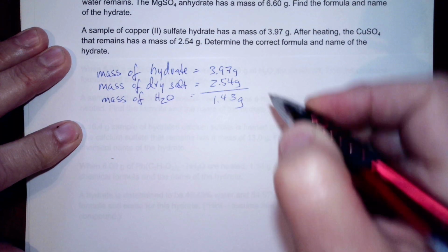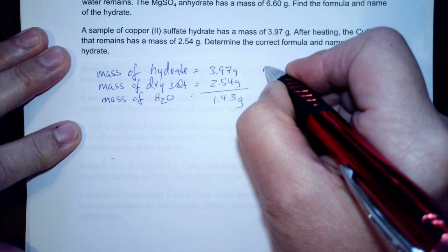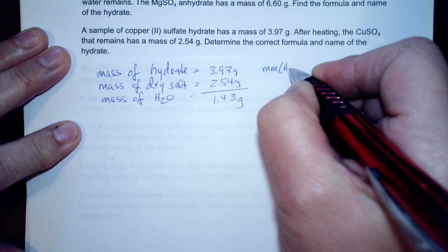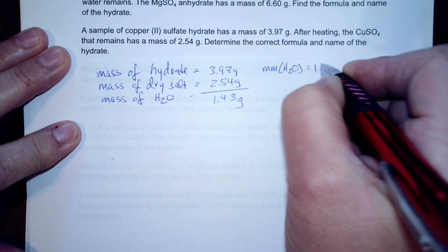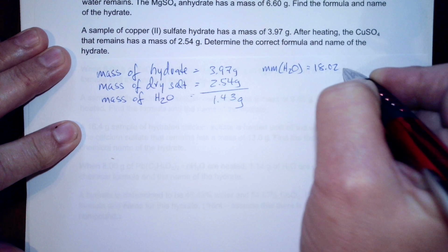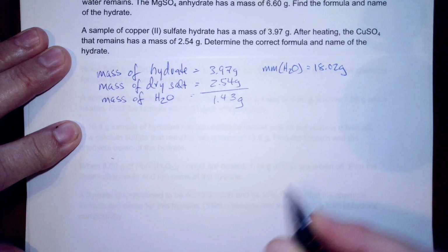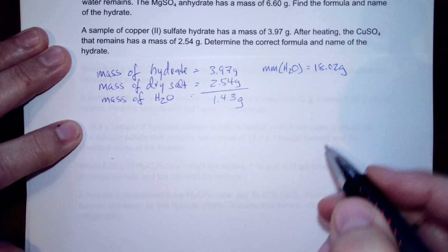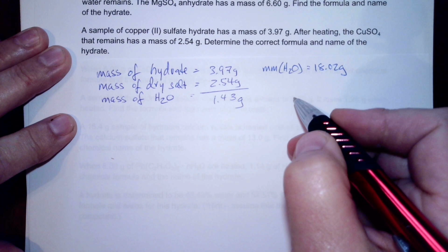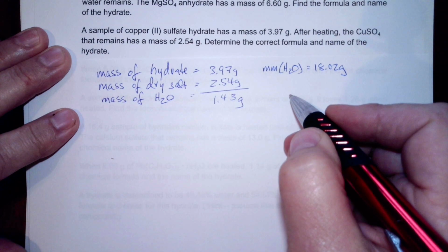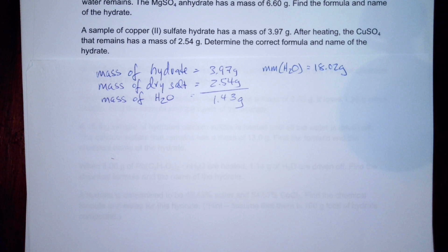All right, so we've already found the molar mass of water is 18.02 grams per mole, or 1 mole of water is 18.02 grams. So let's find the molar mass of the copper sulfate.